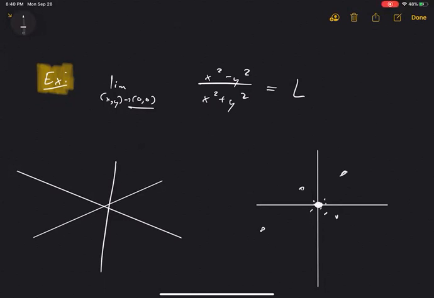If I look at points like that and consider the limit of f of those points, so if each one of those points is an xn, a vector xn, that limit of that sequence of points has to be L as well. So it can be complicated. All right, and this is a good example because it can show what can go wrong.